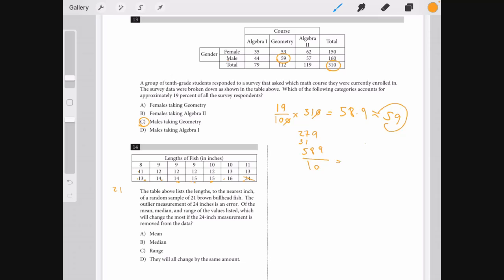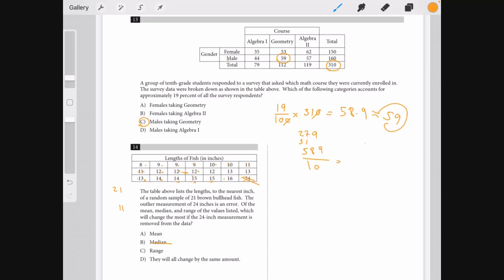So the 11th data is the median. 1, 2, 3, 4, 5, 6, 7, 8, 9, 10, 11. 12 is the median. Now if you remove 24, 10 and so the median would not change.